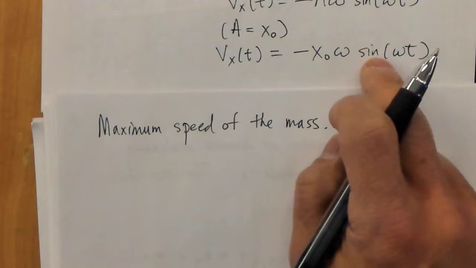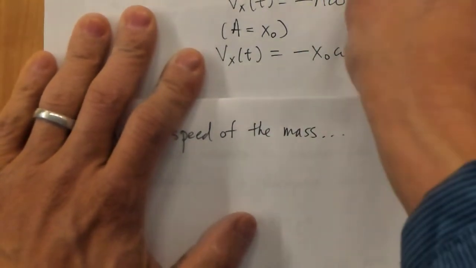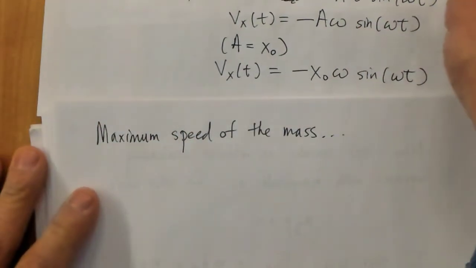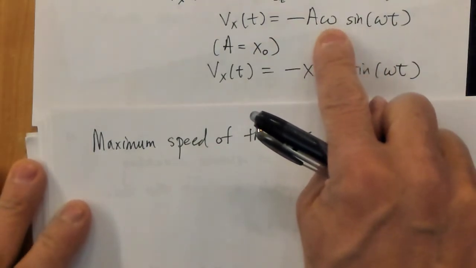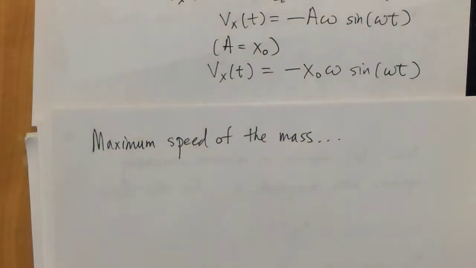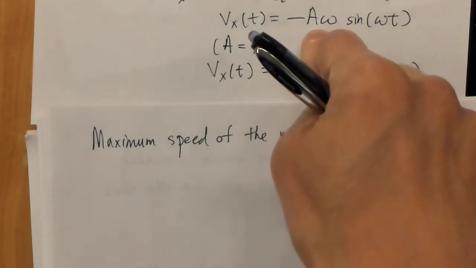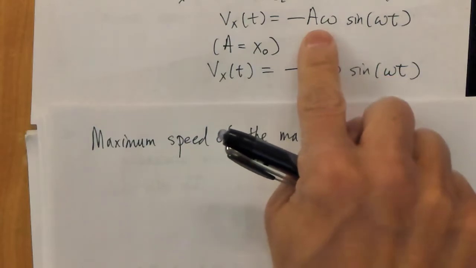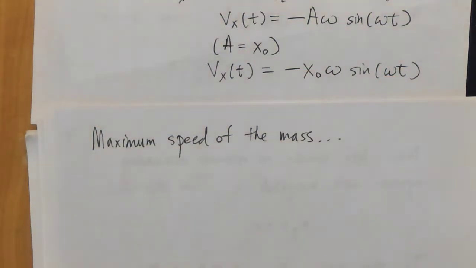So it's just going to be, let's look at this guy here. The maximum value for the speed, which is the magnitude of the velocity, will be a times omega. Does that make sense to everybody? Because the sine function is going between 1 and minus 1. It's this thing that I'm multiplying out in front that tells me what the maximum value would be. So for example, if a times omega is 2, then 2 times the sine function, the biggest it could be is 2.